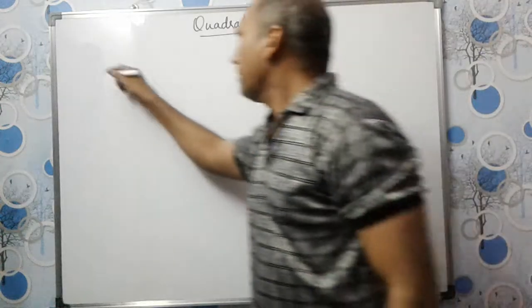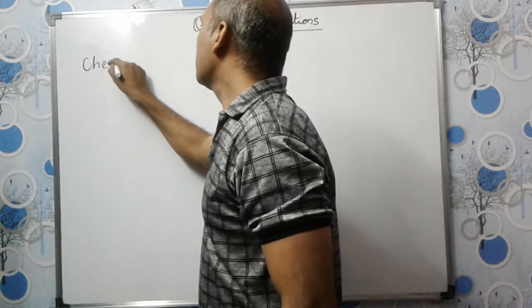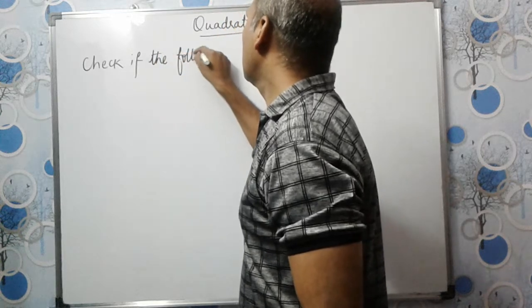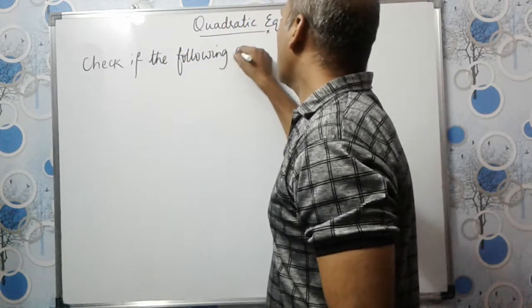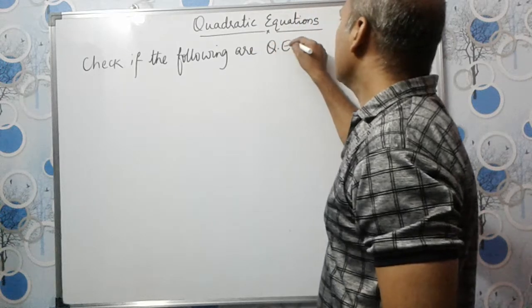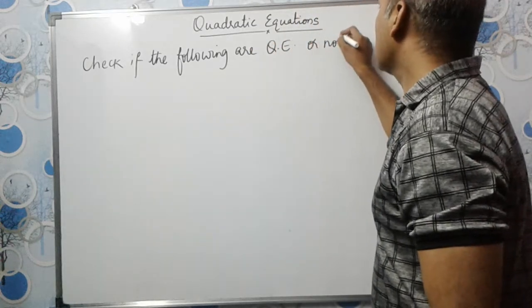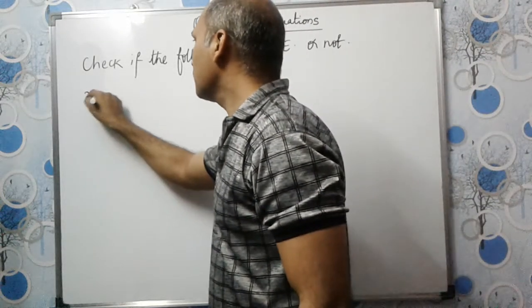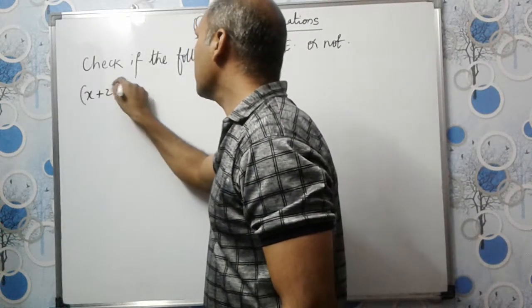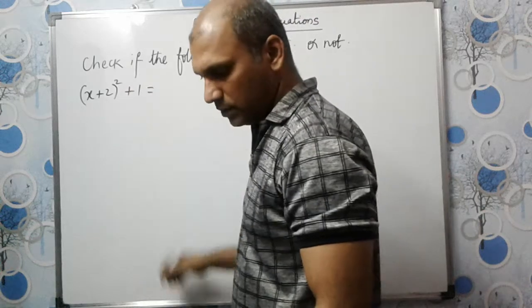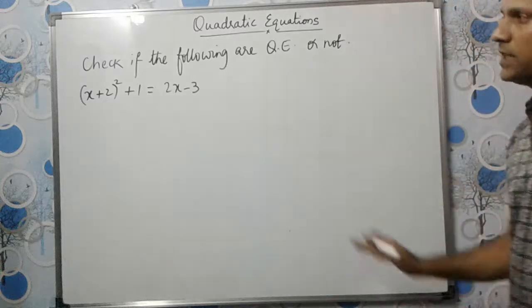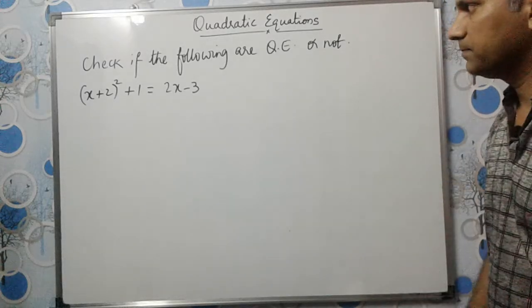Check if the following are quadratic equations or not. So first one is (x plus 2) whole square plus 1 is equal to 2x minus 3. We need to check whether it is quadratic or not.